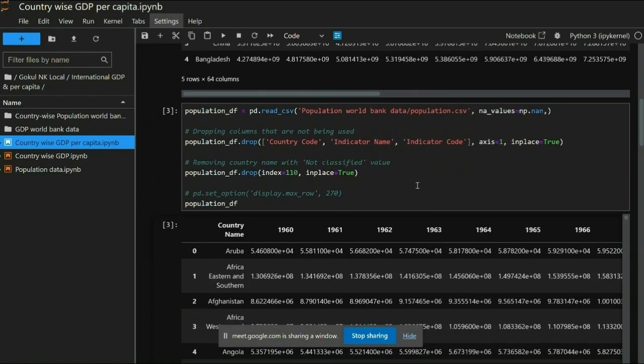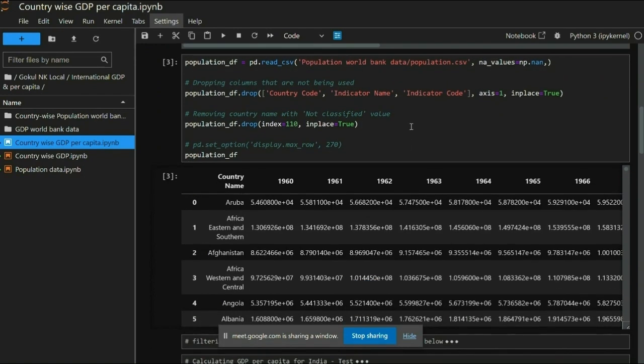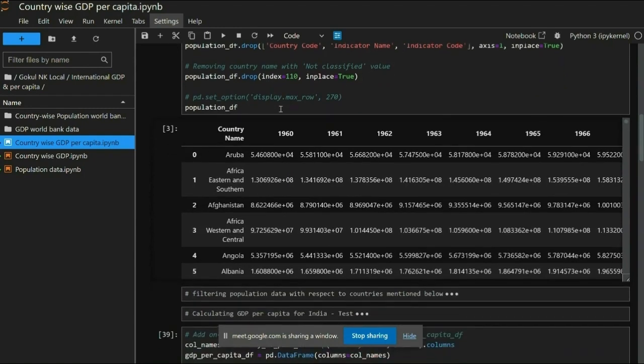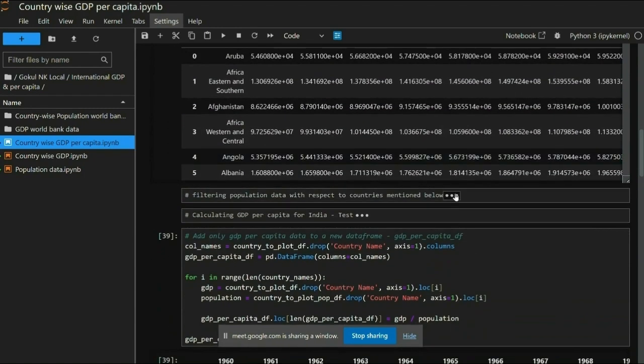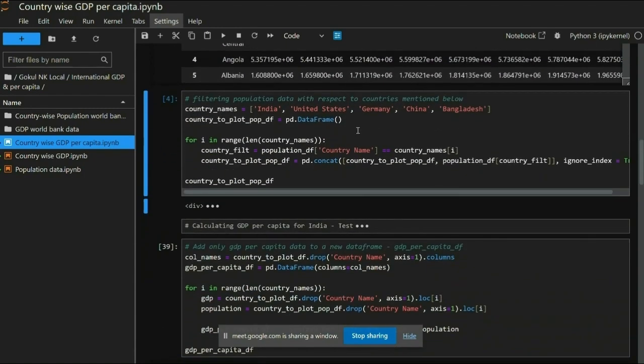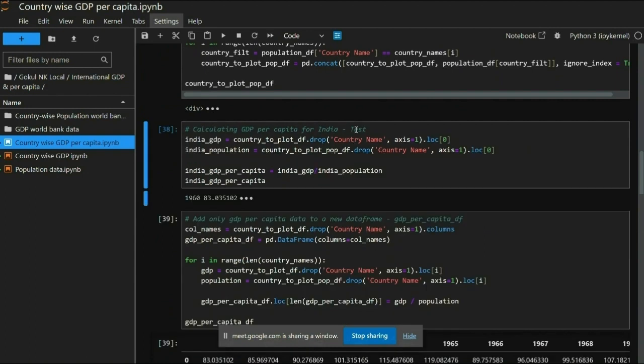We imported the population CSV file to calculate the GDP per capita, which is GDP divided by the population for each year for every country. We are selecting the same countries for plotting and calculating the GDP here.